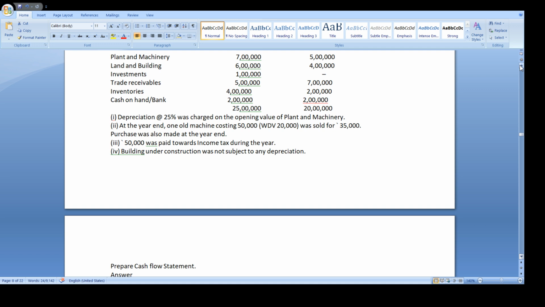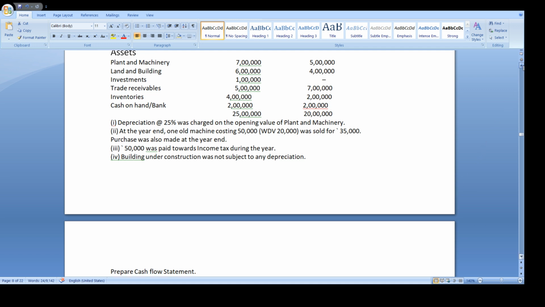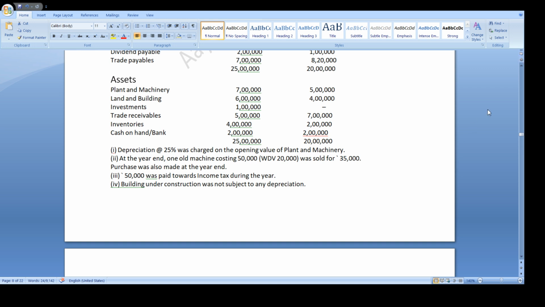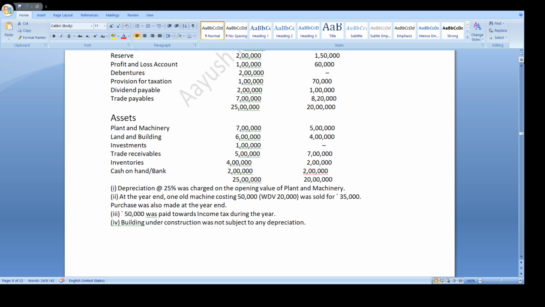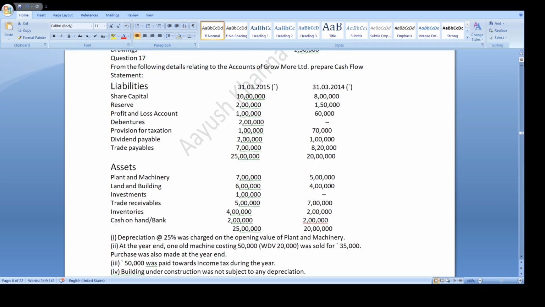I think no new point is there. Yeah, but the point is for the previous year dividends of rupees 1 lakh, it will be paid in the current year, and the dividend for the current year, that is for the year ended 2015, will be provided in the net profit.